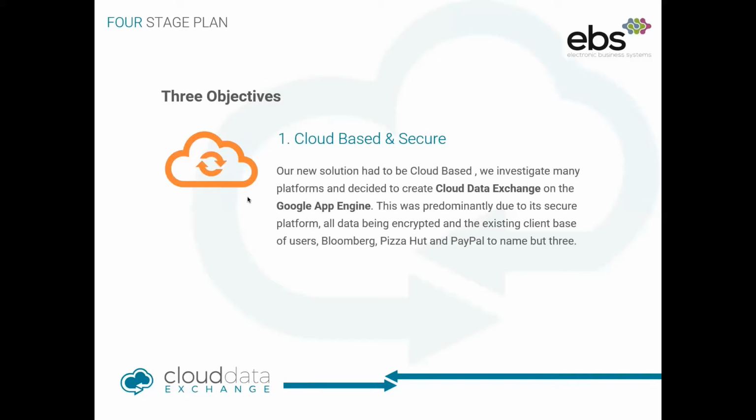That was predominantly down to the security of that platform. It encrypts all the data to and from the relevant products. It's also a great brand, as we know. People like Bloomberg, Pizza Hut, PayPal, Google, and other major corporates use the Google platform to run their system on.